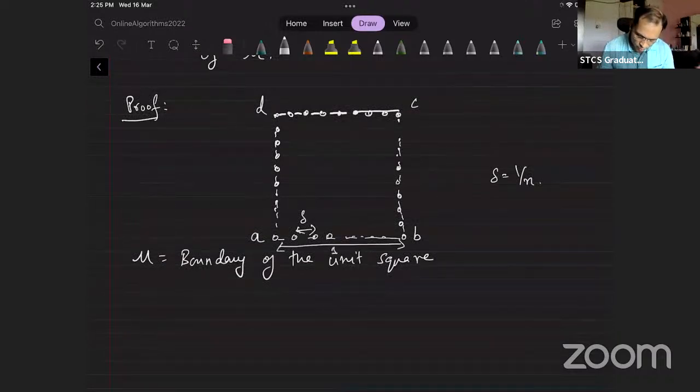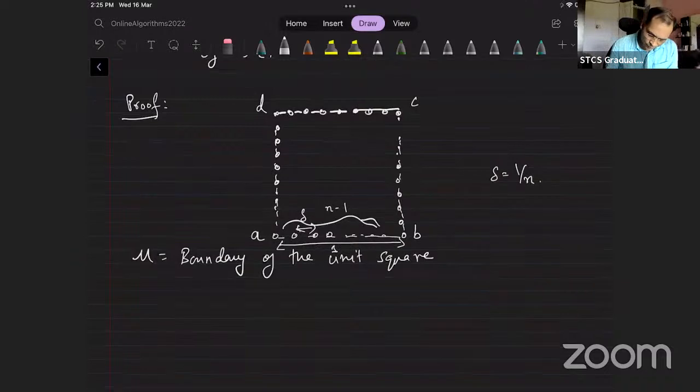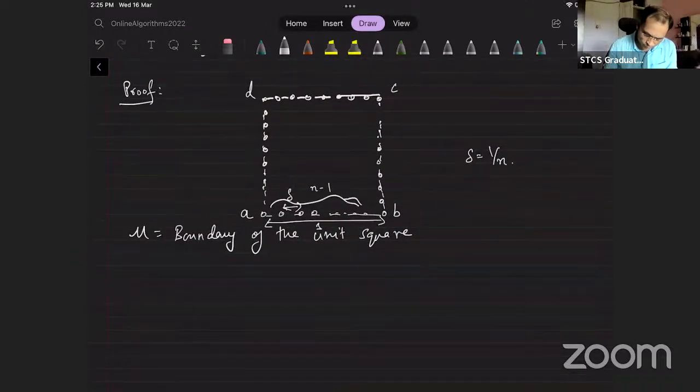So just before 1 there are n minus 1 such points. Just to represent, this is n minus 1 times delta. So now can you think of an input which will fool any algorithm, which only lies on the boundary of the unit square?